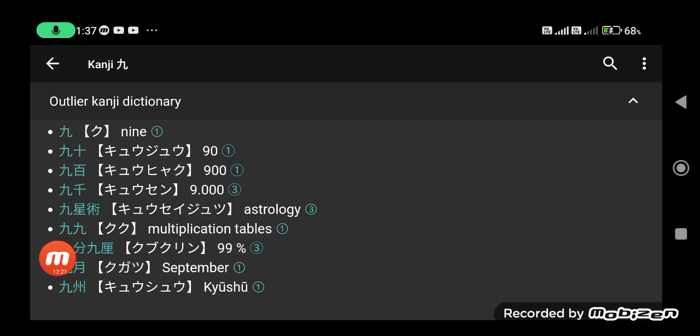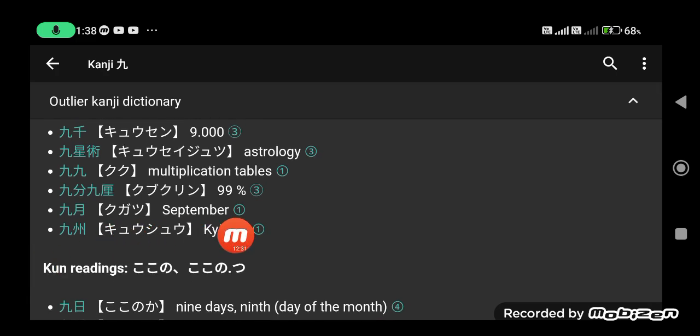Kubu Kurin, 99%. Kugatsu, September, is Kugatsu. Kyuushuu, the southernmost part of Japan, the Kyuushuu region.